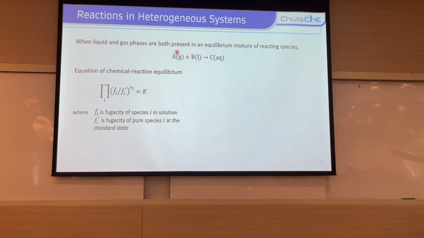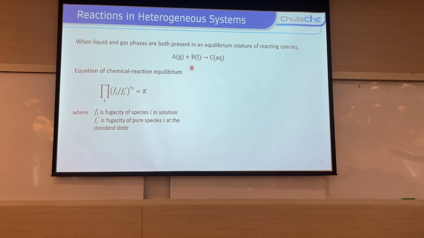In that case, for example here, if you have gas phase species A and liquid phase species B, and they react together, and you get species C in the aqueous phase. So in this case, you have gas phase, liquid phase, and aqueous phase.